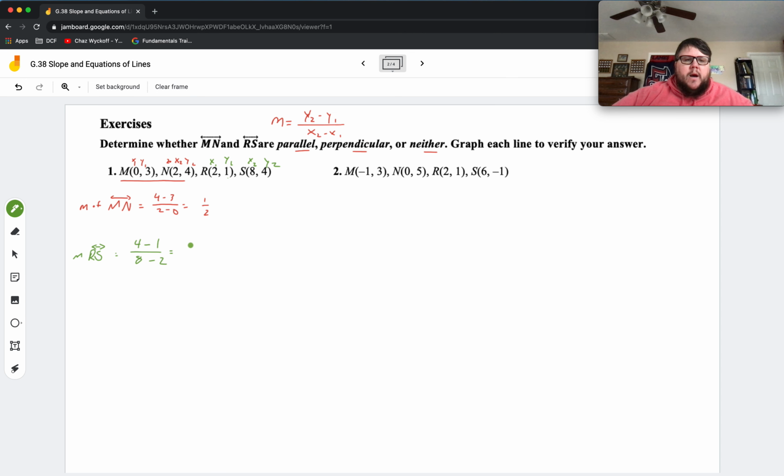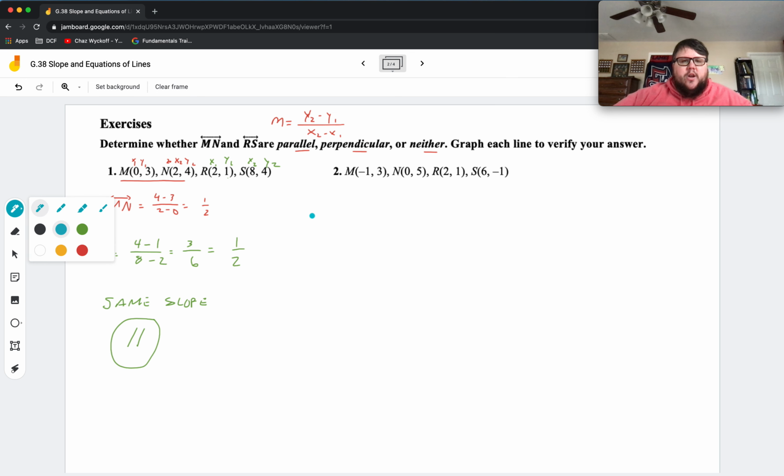We get 4 minus 1 is 3, 8 minus 2 is 6, and that reduces to 1/2. So since they both have the same slope, and you don't have to write this, I'm just writing this so that you guys know, same slope, that means they are parallel, and that's how we say parallel, right there. So they are parallel. We just draw two parallel lines.